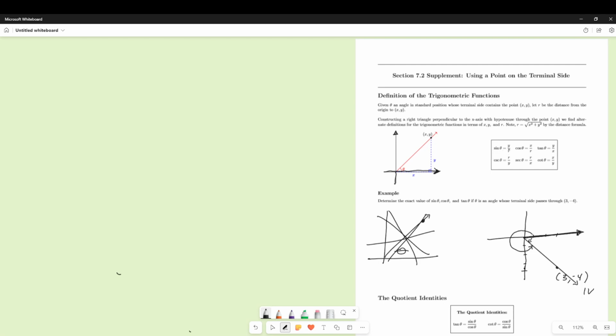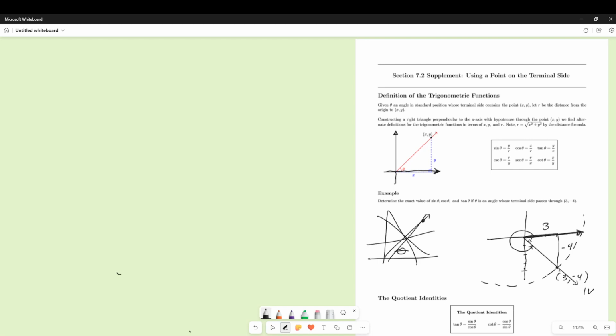Then to find our sine value, well, sine value is just the y over the radius of the circle that would be around this. Well, if we know this length is 3 and this length is -4, yes, it is a -4 length. How can we have a negative length?